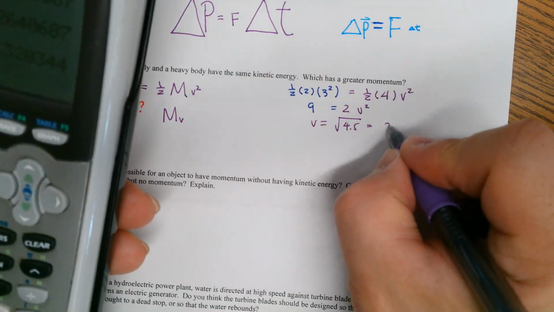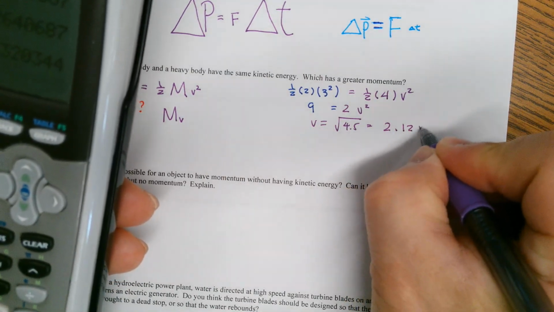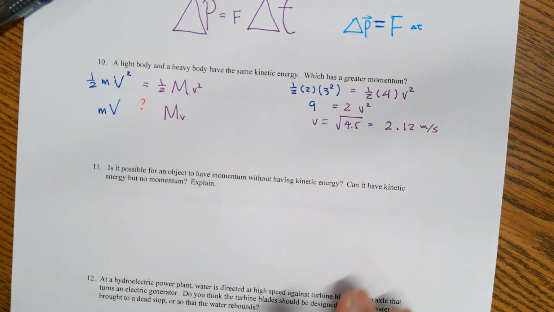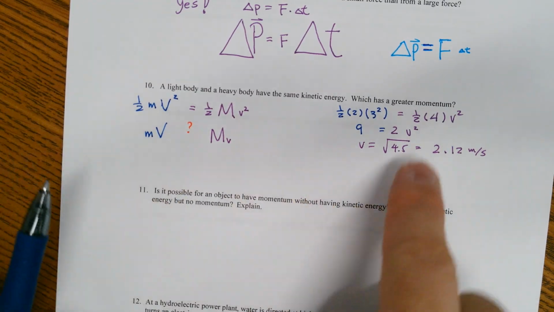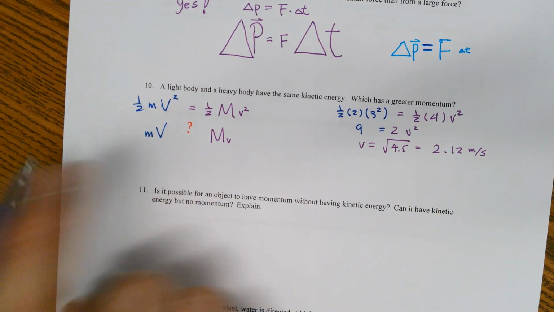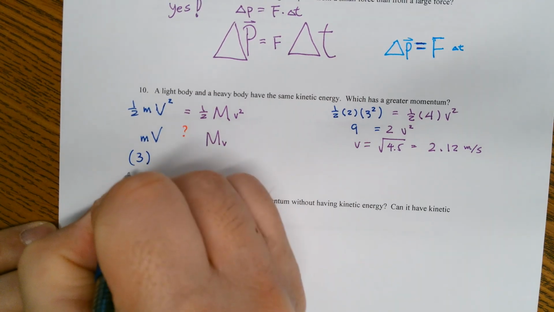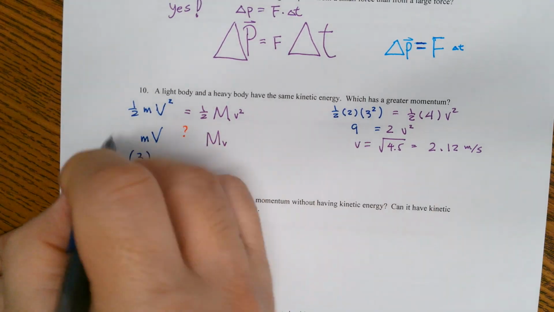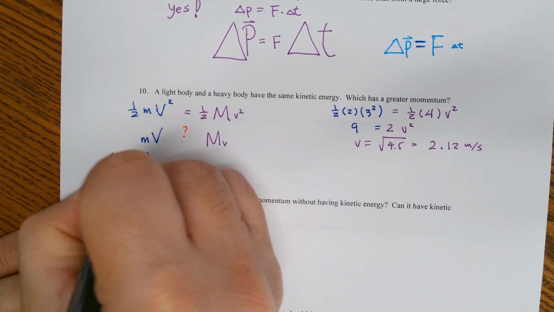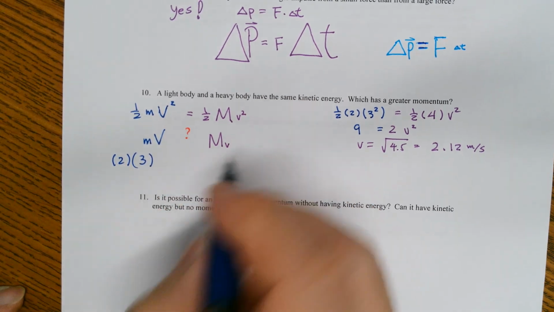That's 2.12 meters per second. So if I put these values back, I have 3 times 2, that's my momentum here.